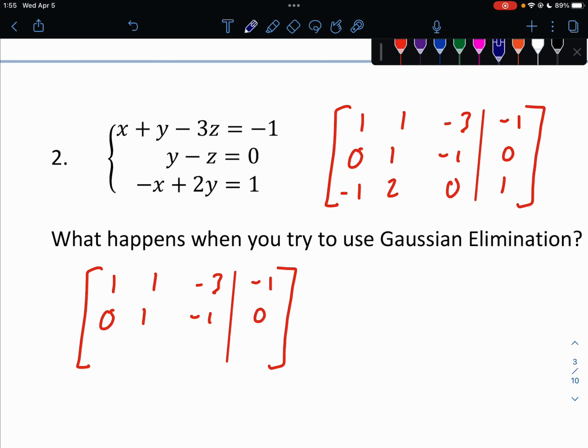And for the third row, I'm just going to do row 1 plus row 3. So 1 plus -1 is 0. 1 plus 2. -3 plus 0. -1 plus 1. Okay, so good news. The x's are eliminated.